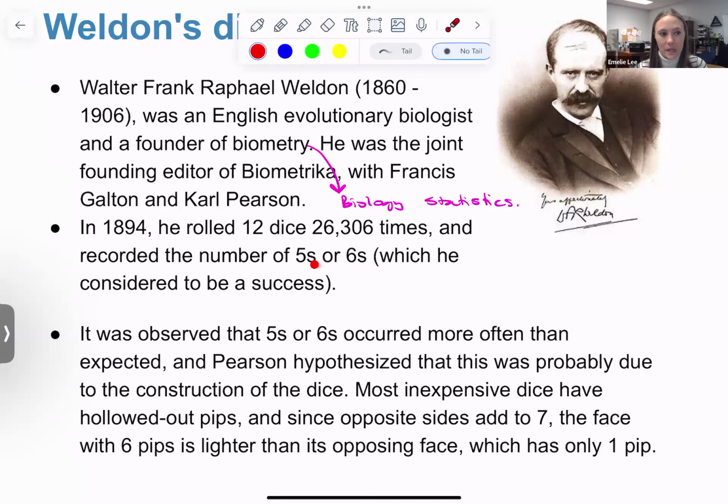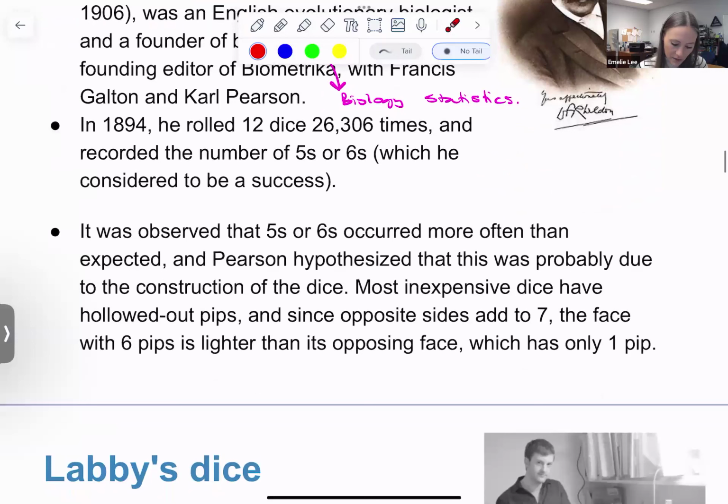He rolled 12 dice 26,306 times, and recorded the number of fives or sixes, which he considered a success. It was observed that fives or sixes occurred more often than expected.